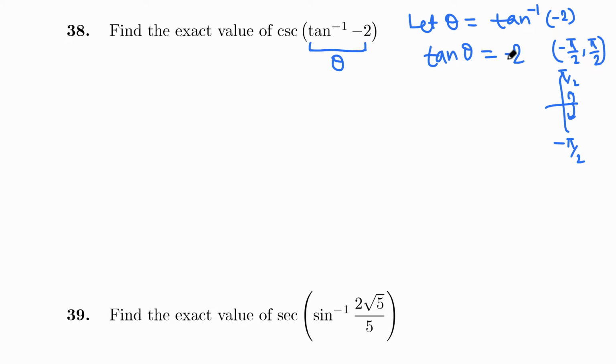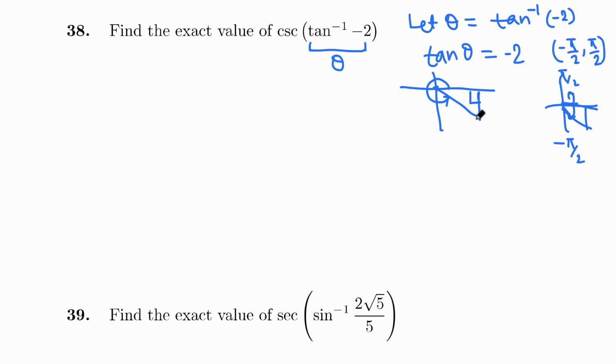Okay, so negative means you should be on the fourth quadrant. So from here, the right triangle here, so this is angle 90 degree, and this is the angle theta. Okay, so -2.